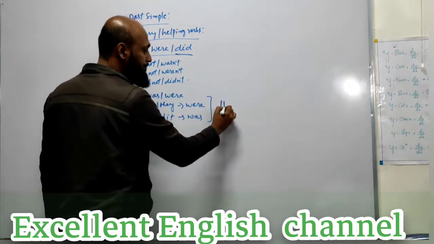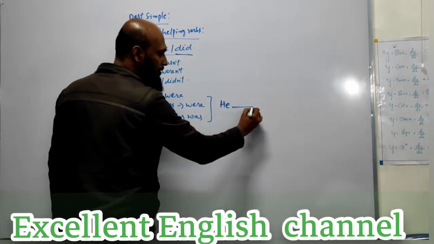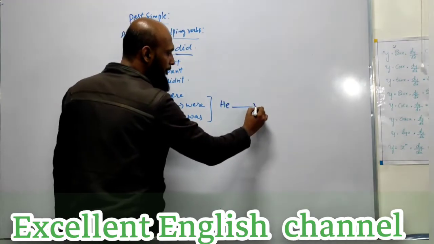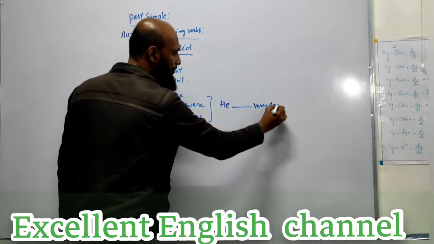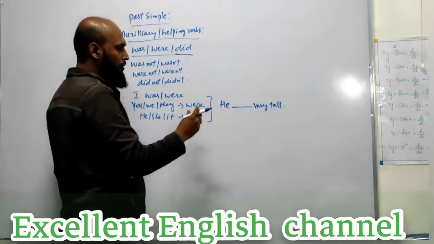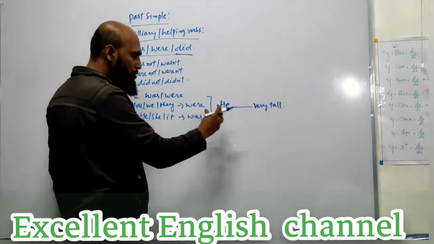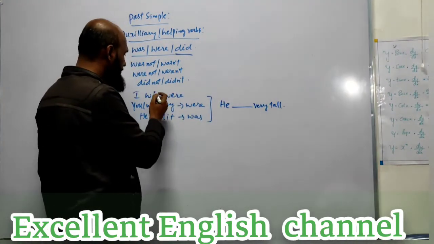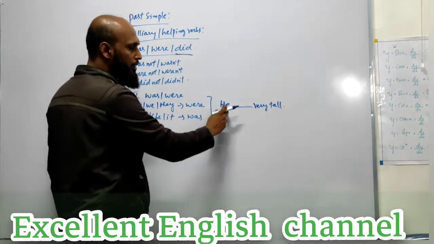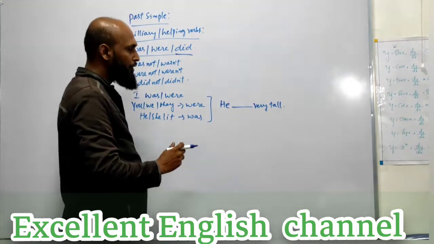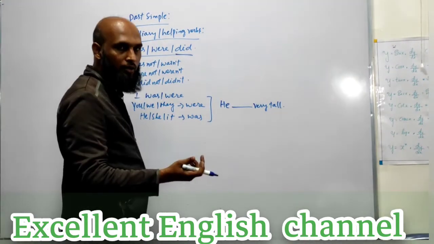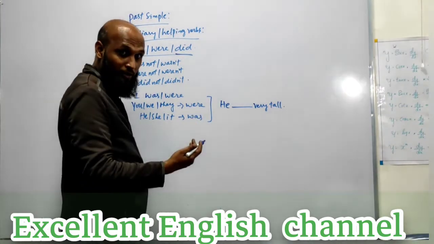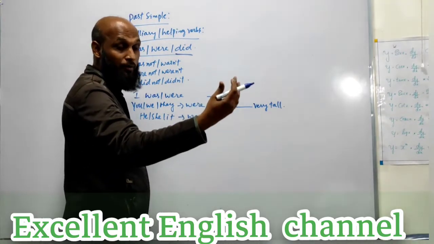Like, he dash very tall. Now we have to use a helping verb here in order to complete the sentence. He is very tall or he was very tall.